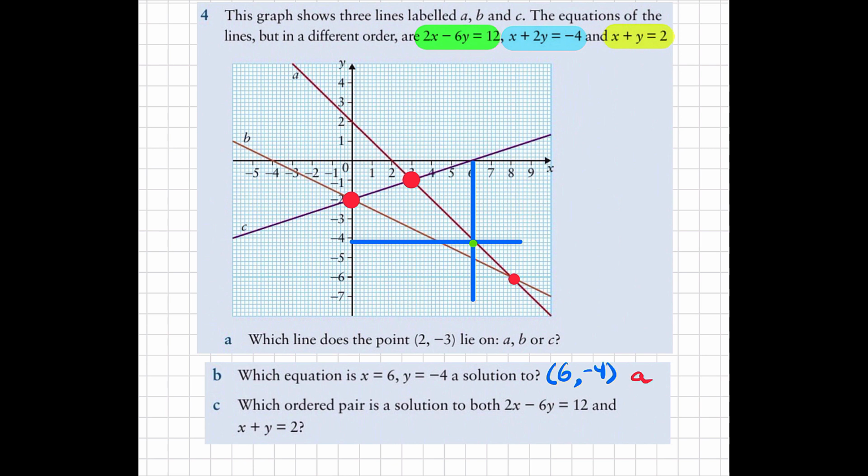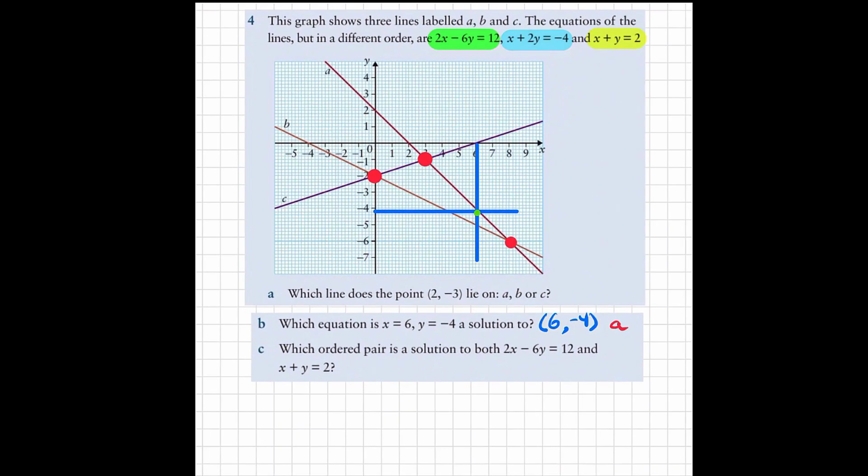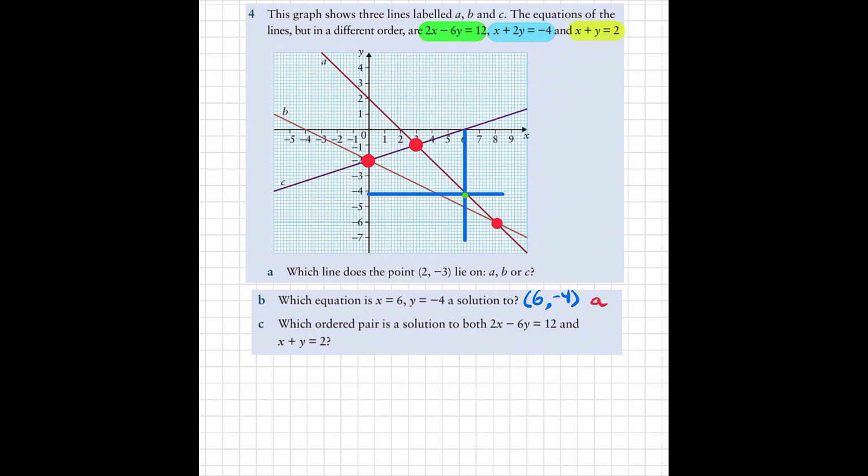Whoa, those are very big dots. Okay, so now I'm just going to have to punch those numbers in and see which ones make it true. Well, let's take a look at the bottom right one first. And seriously, I haven't done this question yet. I'm just hoping that's the right one. Sometimes you're lucky, sometimes you are not.